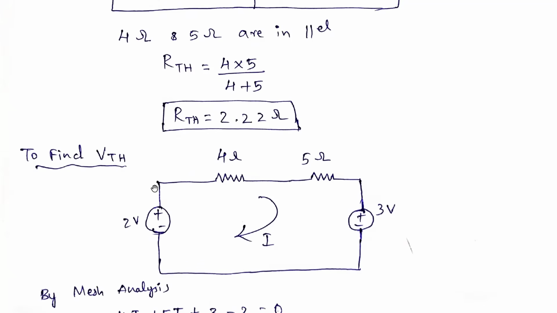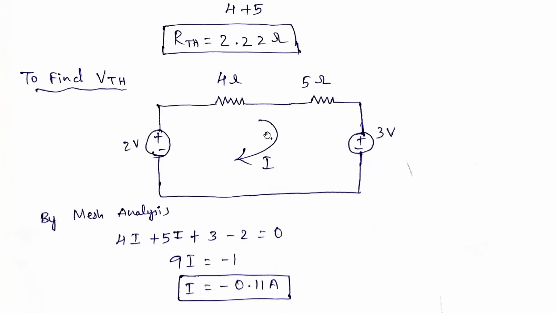How to calculate VTH: here one voltage source is there, here one voltage source, and this is open circuit. So this 4 ohms is there, this 5 ohms is there. By using mesh analysis or loop analysis, we can easily find the current.